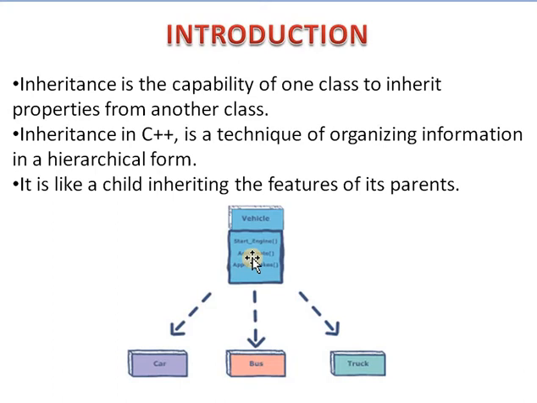Car, bus and truck are different types of vehicles, so they are the child classes of the parent vehicle class, and these child classes inherit all the properties of the parent class, that is vehicle. This is inheritance.